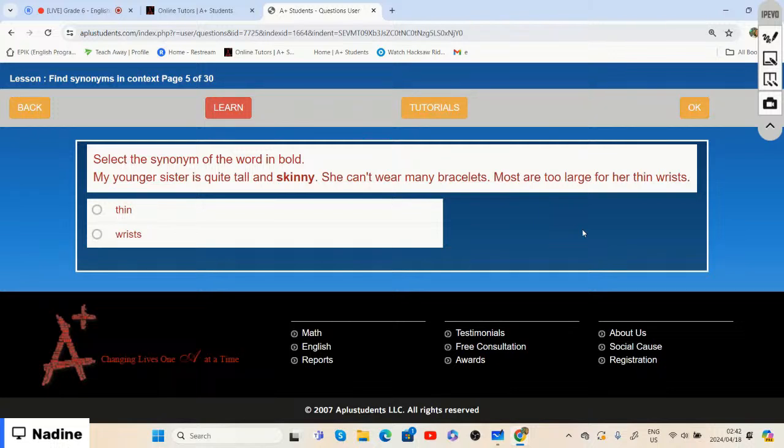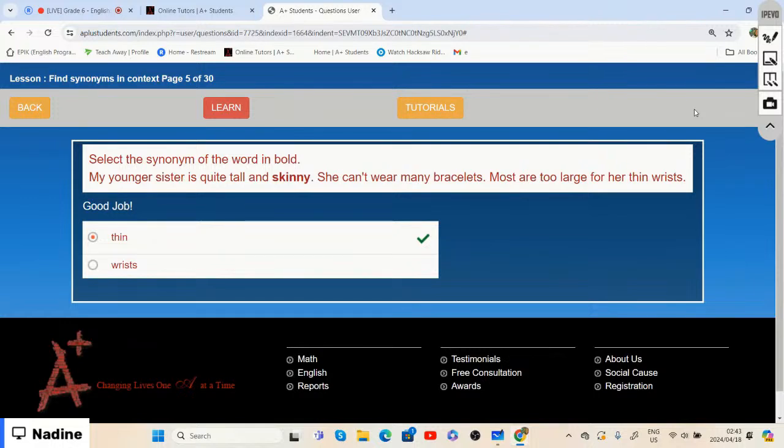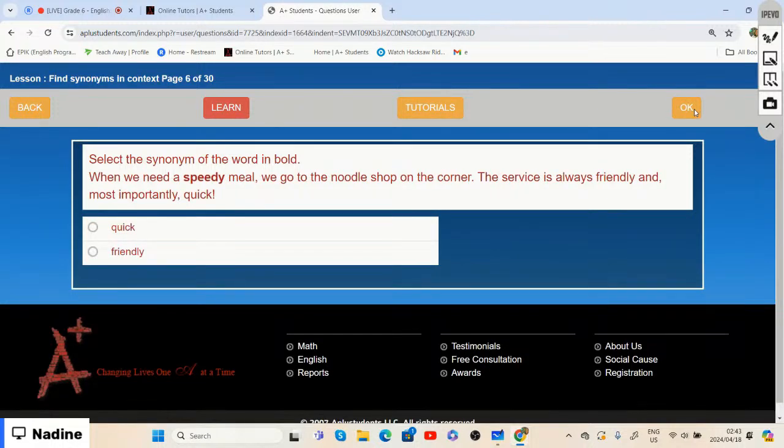If we were to select the synonym of the word skinny, we would say it is thin. Skinny and thin. So well done. Thin is correct.